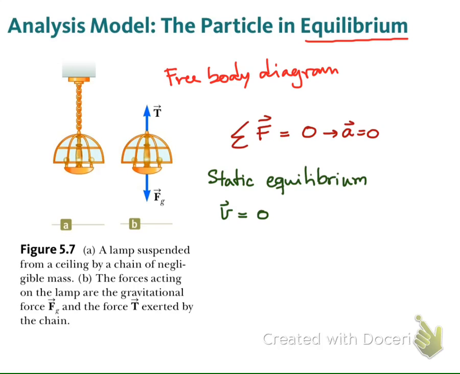That is, the particle does not move. As in this case, you can see that the lamp hangs from the ceiling and is not moving. So the lamp is in static equilibrium.